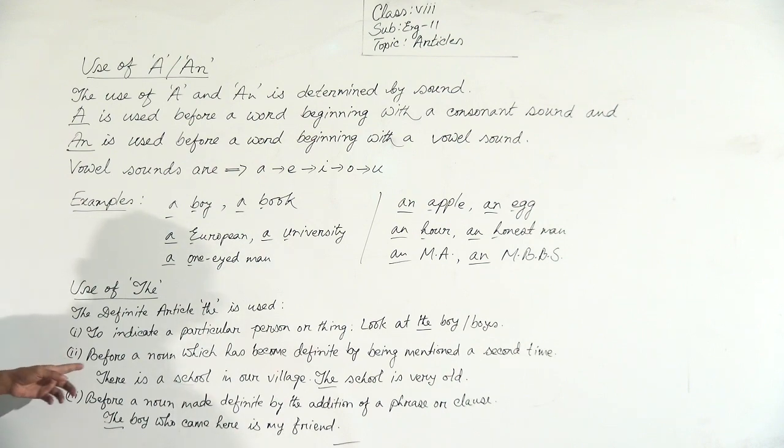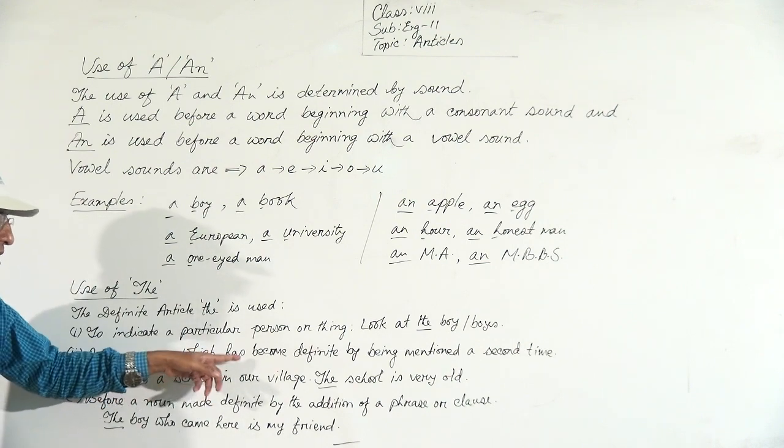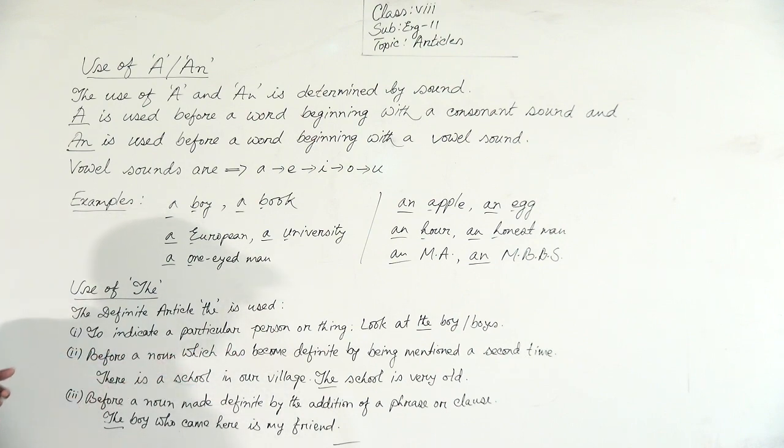Okay, number 2. Before a noun which has become definite by being mentioned a second time. Look at the example. There is a school in our village. A school means any school.